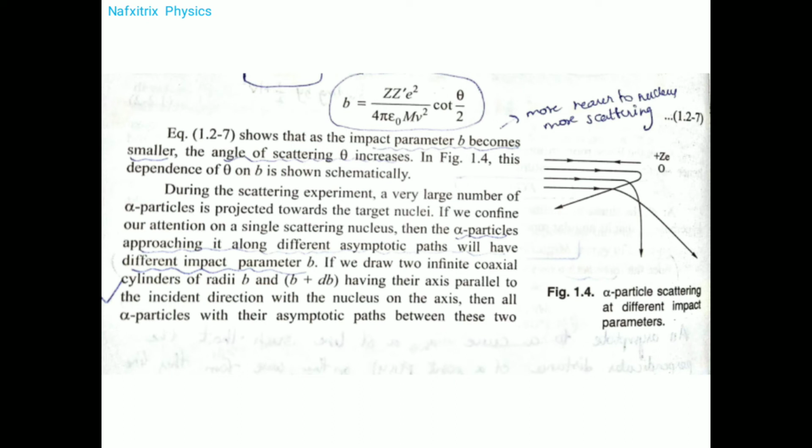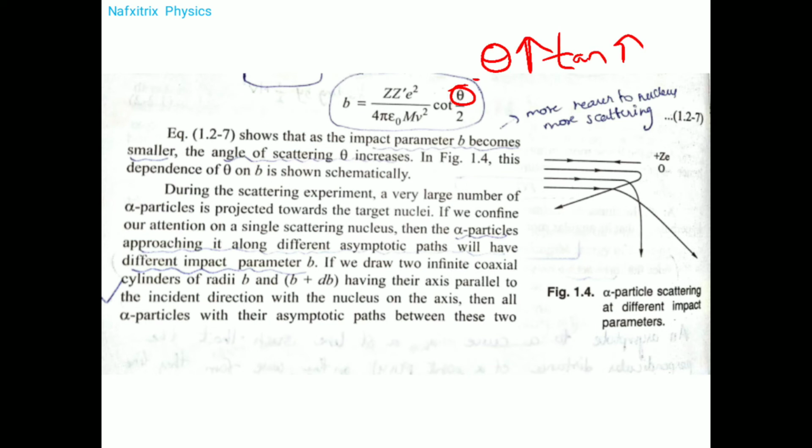So this shows, equation 1.27 shows how the impact parameter becomes. So this is the formula for the impact parameter. As the impact parameter becomes smaller, the angle of scattering increases. So here this one we need to understand. So as the angle theta increases, what happens is tan theta increases.